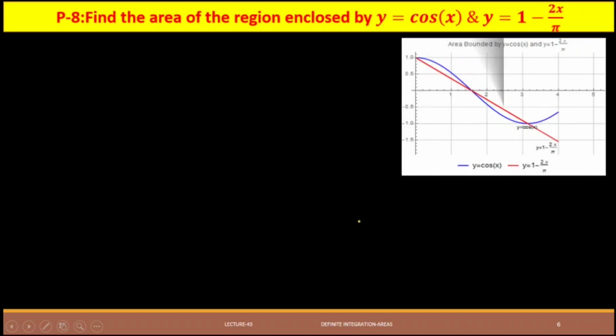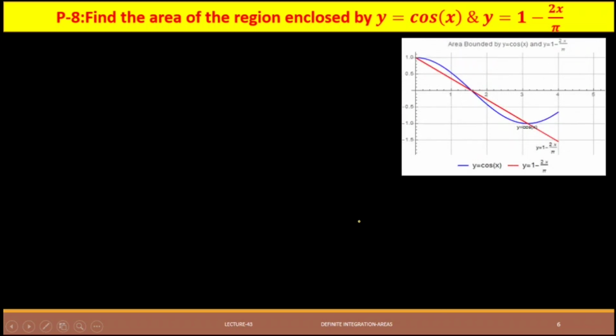So anyway we know the graph of y is equal to cos x, and y is equal to 1 minus 2x by pi is a straight line. You can convert this into the intercept form and then find the straight line. If I plot these two curves, this is how the graph looks.